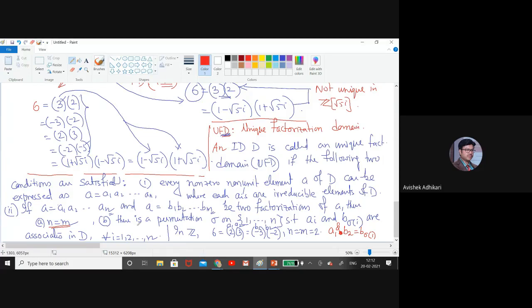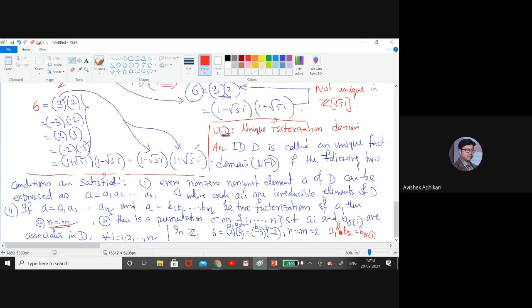And then there is a permutation sigma on n elements such that ai and b sigma i are associates in D. That's all. So in that way, we can say that Z is a unique factorization domain, but Z root 5i is not a unique factorization domain.